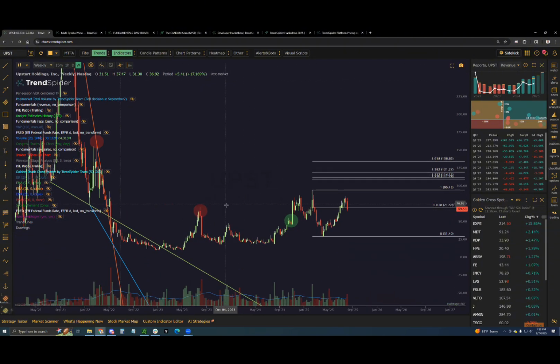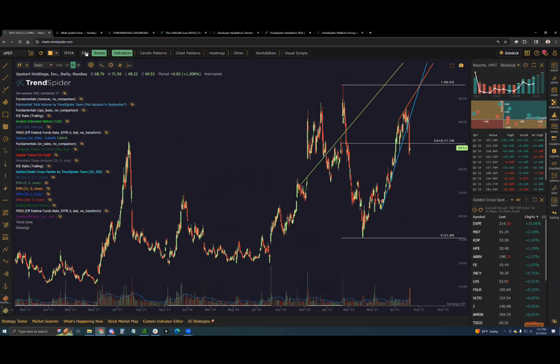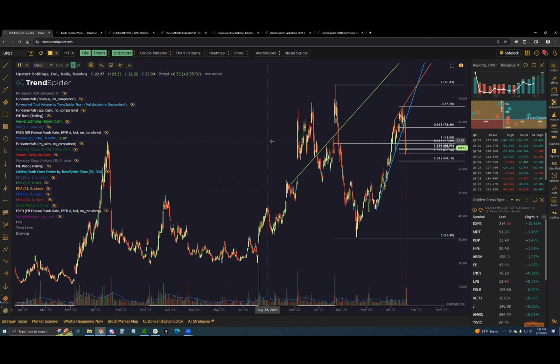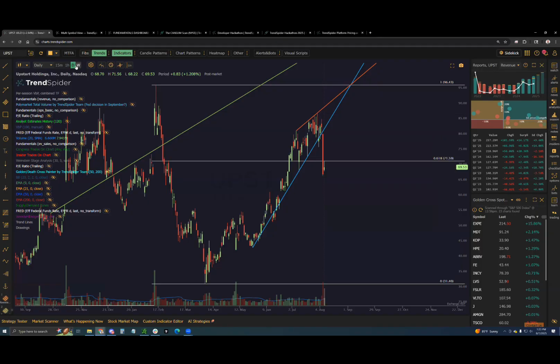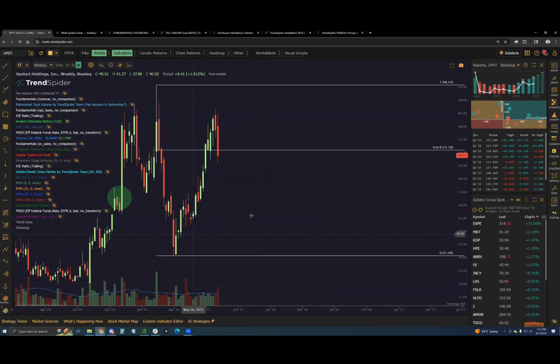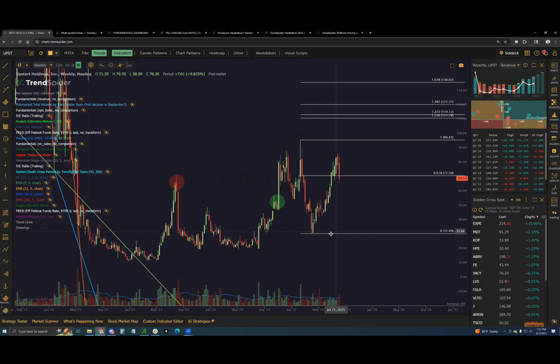So yeah, it just depends on the time frame. Go to the daily, let's see. And then the daily I did from there to there, which isn't wrong. Just not the one I did initially. It still works though. Yeah, it definitely works. This is good.